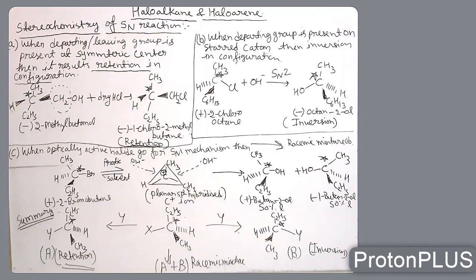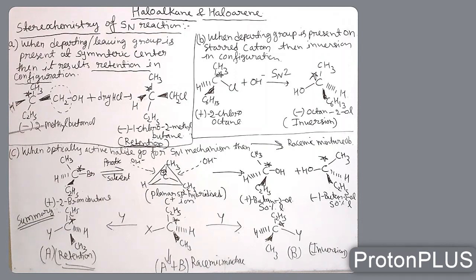The geometry is trigonal planar. This intermediate is planar, so the attack of the nucleophile is feasible from both directions, that is from the direction of the departing group as well as the opposite direction of the departing group. So it will result in +butan-2-ol, 50% dextrorotatory, and -butan-2-ol, 50% levorotatory.